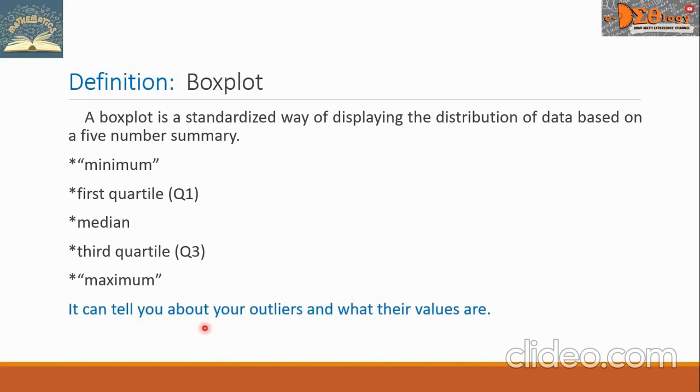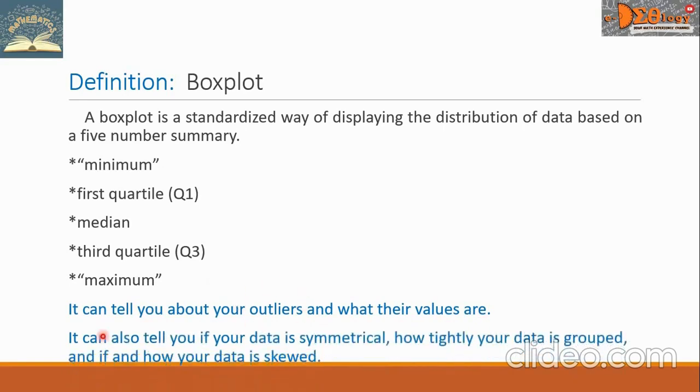Boxplot can tell you about your outliers and what their values are. We will define outliers later. Boxplot can also tell you if your data is symmetrical, how tightly your data is grouped, and if and how your data is skewed.